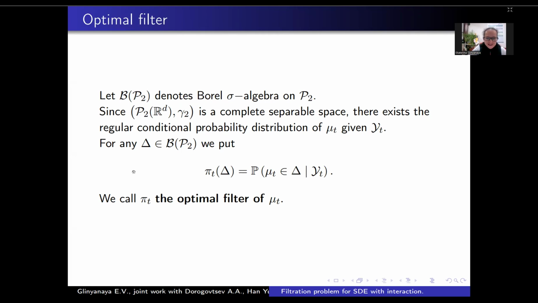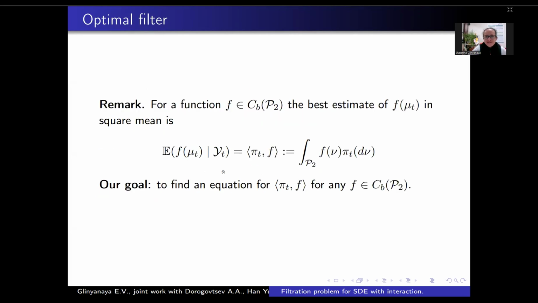Usually it's not easy to find the probability distribution itself. So people find not the distribution of the measure mu t, but the conditional expectation of functions of the measure given the sigma algebra Y t.